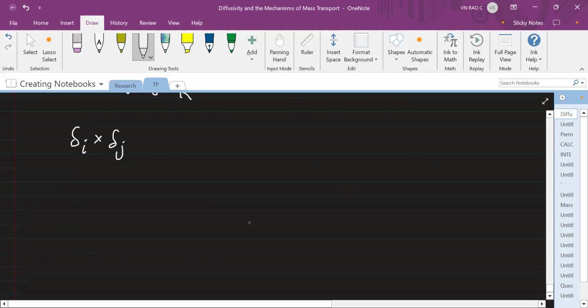What is the answer? Delta j cross delta k, delta k cross delta i. Of course, it's a cross product, so you need to have it like this.